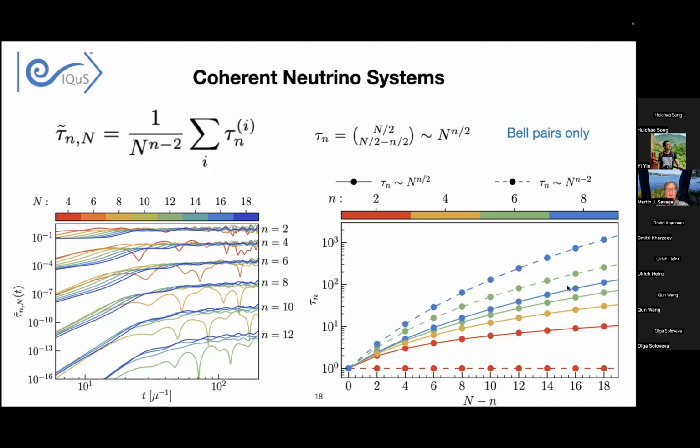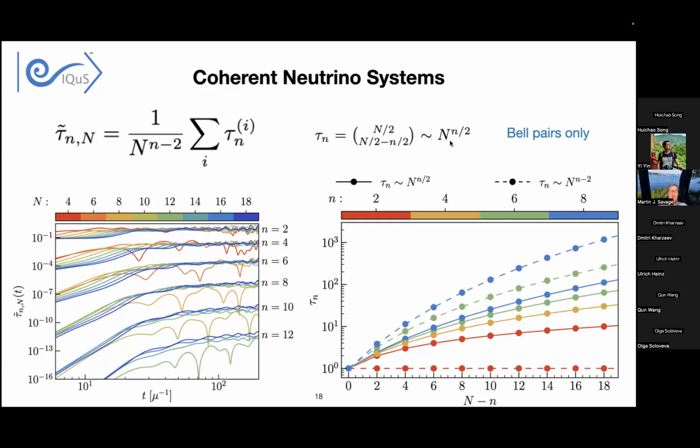And that's demonstrated in the difference between these curves. For instance, the difference between the solid and the dashed. The dashed is what we find empirically from the simulation, and the solid is what you would arrive at with 2 neutrino entanglement only. So there's a pretty nice systematic in these systems.